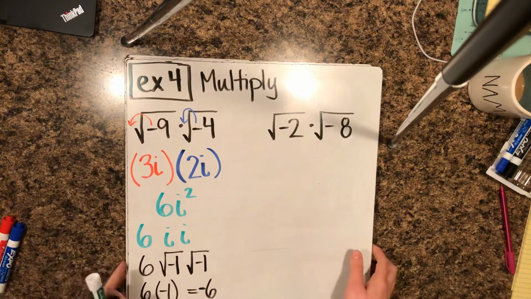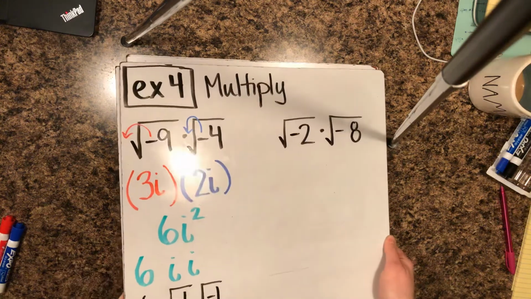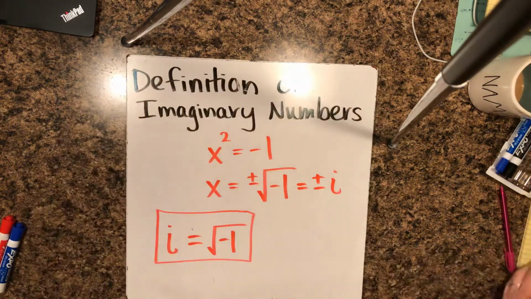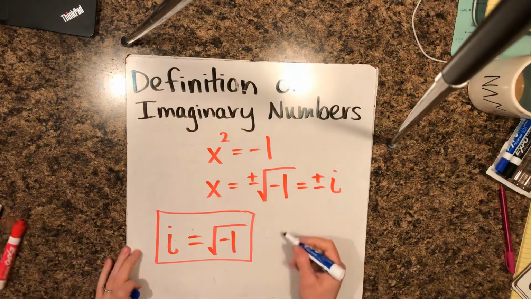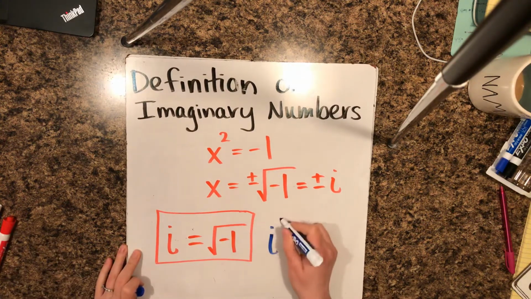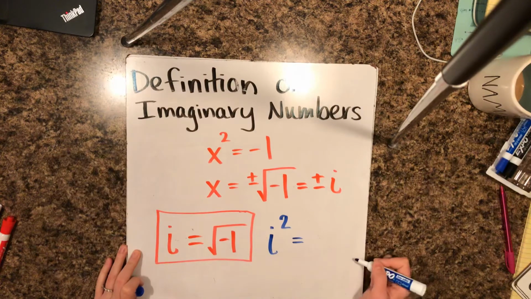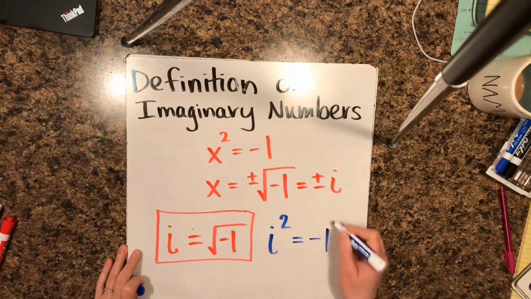Okay, so I'm going to add to my definition that we started with. Okay, we said you need to know this, and you absolutely do. An easy way to help you simplify things is if you know that i squared is always equal to negative 1.